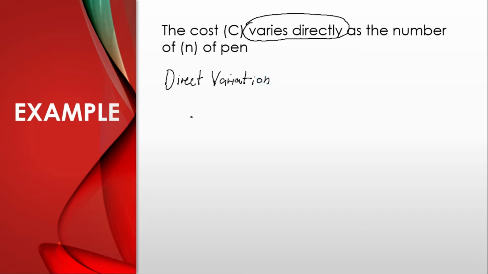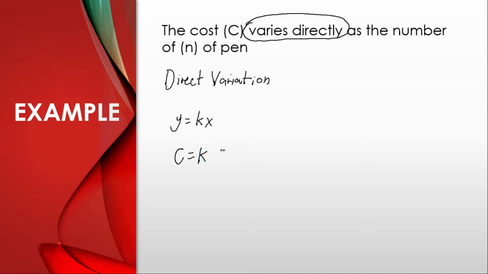Ngayon, ano nga ba yung formula natin for the direct variation? Diba ang formula natin for the direct is y is equal to kx. Kailangan nating malaman kung ano ba yung y in this given problem at ano yung x. So yung y natin is c. Tapos yung k natin, since it is the constant of variation, hindi yan magbabago, kaya copy the k.